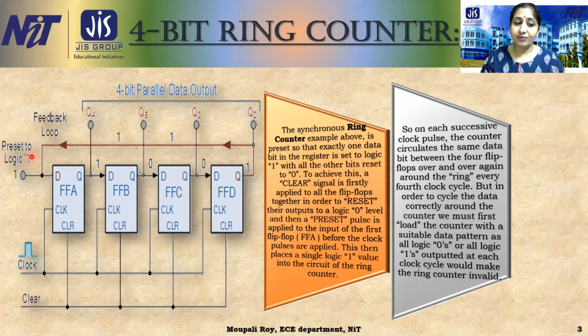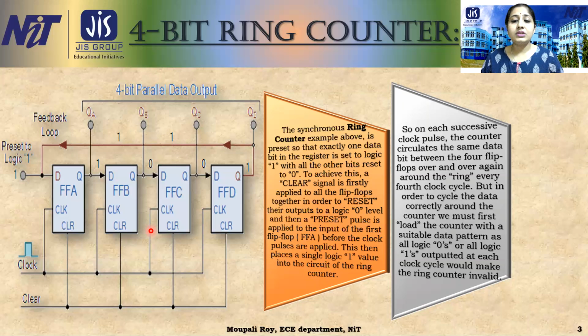That means when the 4th clock is there, the input comes out from there. So for every 4th clock, that is the 4-bit ring counter, we get the same output again and again.